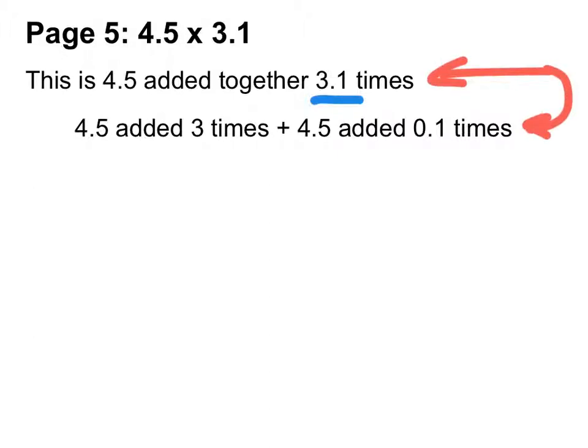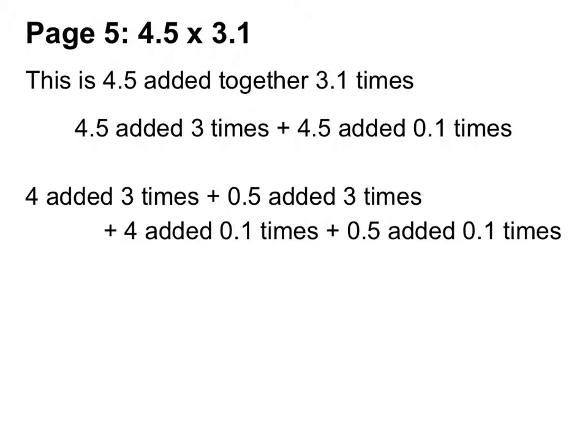Because if you really get it, then this break apart method is just that step over and over and over to turn it into several little straightforward, easier multiplications. So 4 5/10 added together 3 1/10 times is the same as adding 4 5/10 3 times and then adding 4 5/10 1/10 of a time.